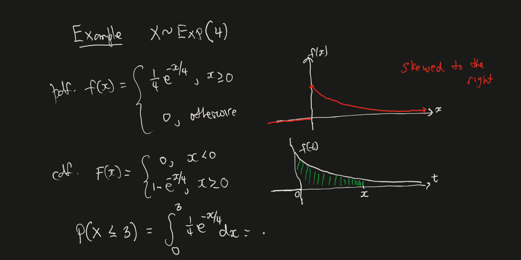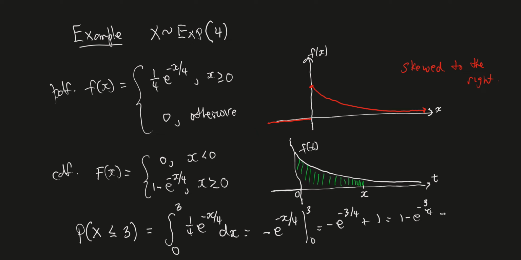So we end up with negative e to the negative x over 4, evaluated at 0 and at 3. At the upper limit, we'll have negative e to the negative 3/4. At the lower limit, we'll have a negative 1, but then we're subtracting that negative 1, so it becomes plus 1. So this ends up being 1 minus e to the negative 3/4.